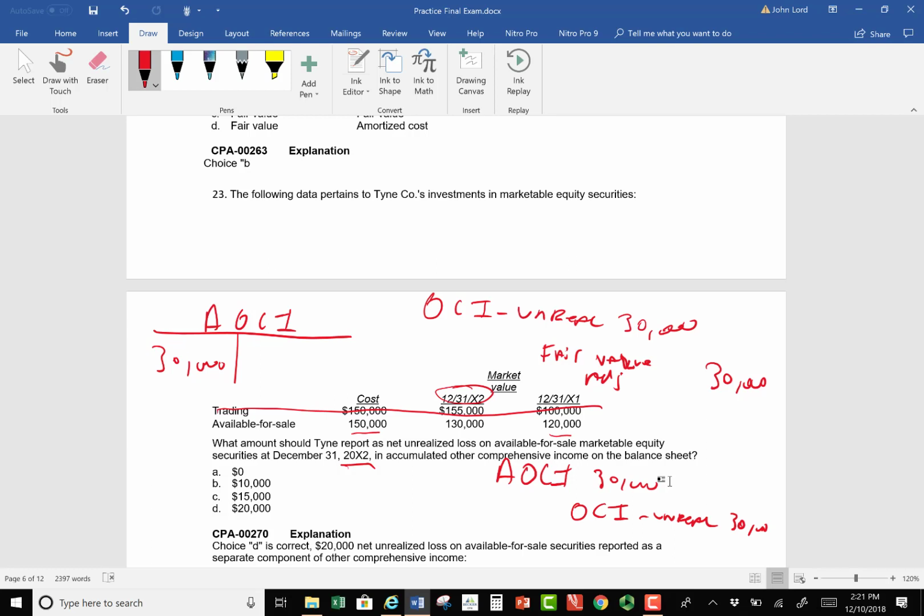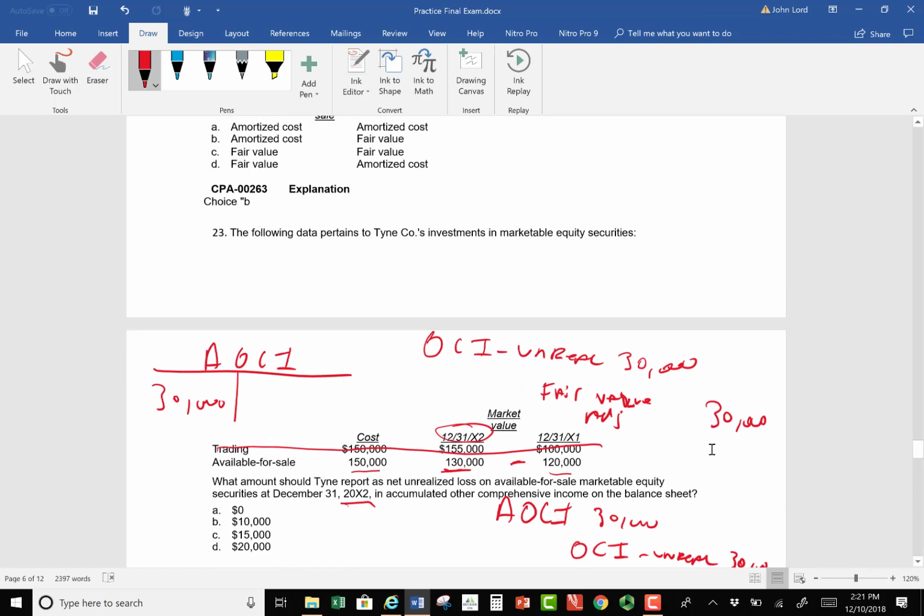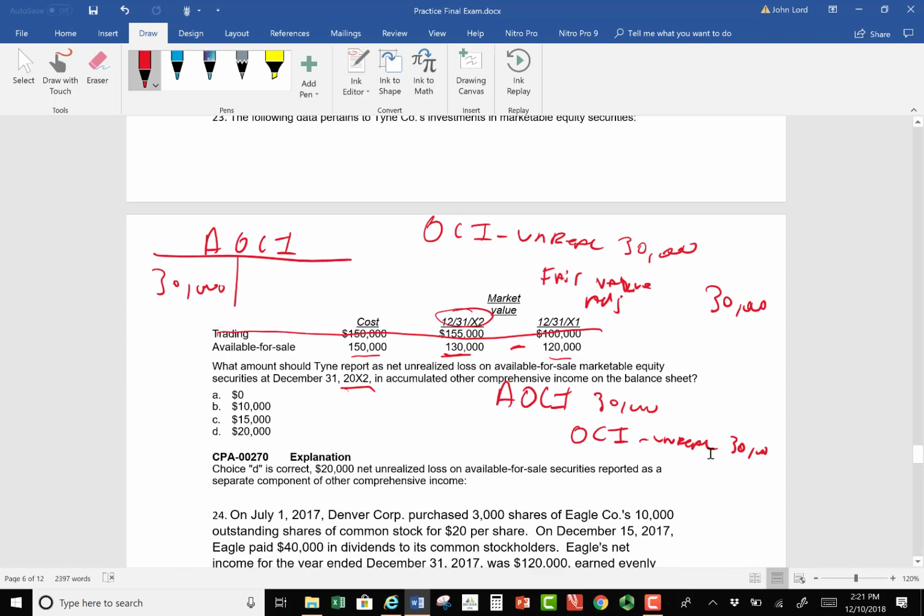Then I look at year 2 versus what it was in year 1, and I've recovered 10,000, haven't I? So in year 2, I will debit the fair value adjustment for 10,000, and I will credit OCI unrealized. This is year 2 now, isn't it?